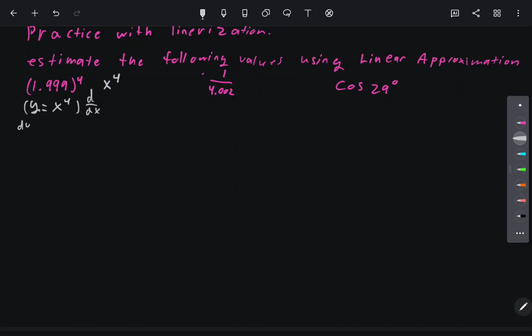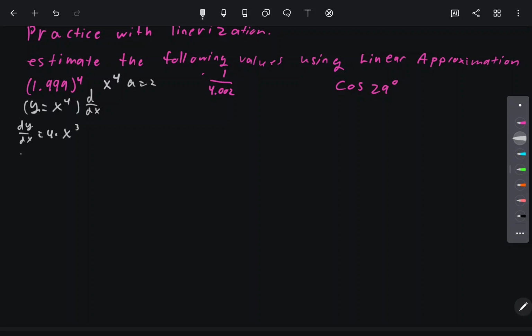So we have dy/dx is equal to 4 times x cubed. That's good and handy, but what do we do now? Well, we want to find a point near this point that evaluates easily. I think the point that we want to use is 2. So we're going to say a is equal to 2.